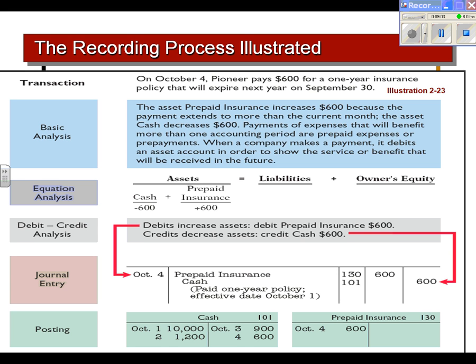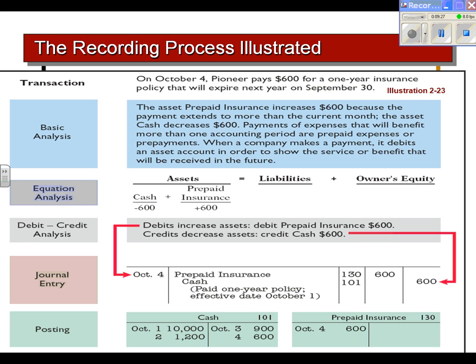I have not incurred this expense yet. This is a one-year policy. When I incur this expense every month, I may take a piece of the 600 and record it as an expense. But right now, it's prepaid. I'm prepaying my insurance. And so I'm increasing that asset account. Remember, prepaid in any title means an asset.